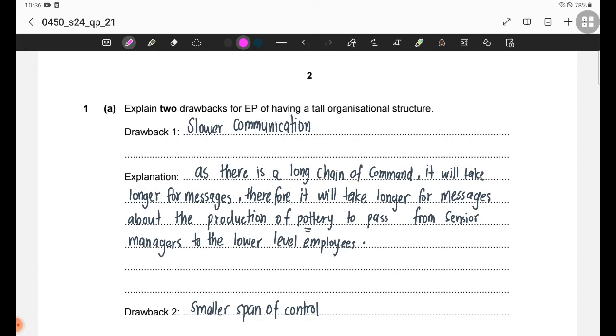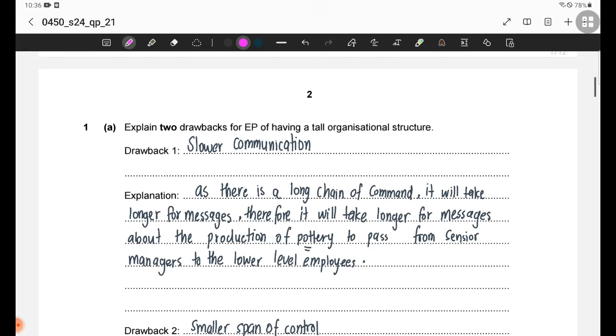So a tall organizational structure should look something like this. It goes a long way, and the list still goes, and usually this structure is used for big businesses.